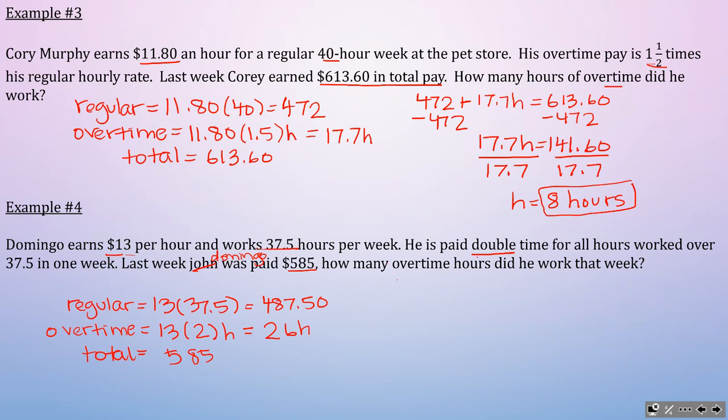So now I can write an equation. 487.50 plus 26H equals 585. So here's an equation I can solve. I can subtract the 487.50 from both sides, and I get 26H equals 97.5.